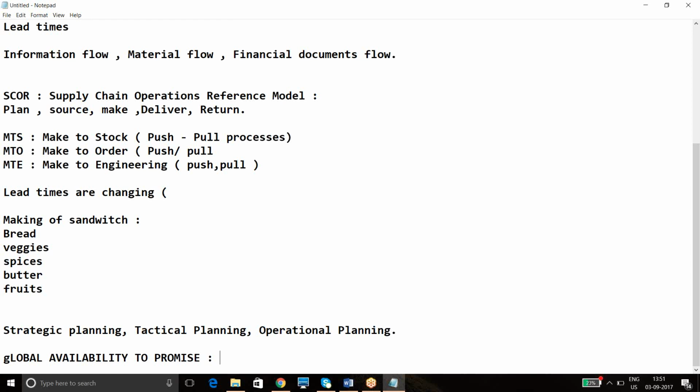To make up this material availability date, how would they plan? How much material do they have to procure, or from which production plant do they have to make it happen? They would be able to do it with the help of this tool called global availability to promise.